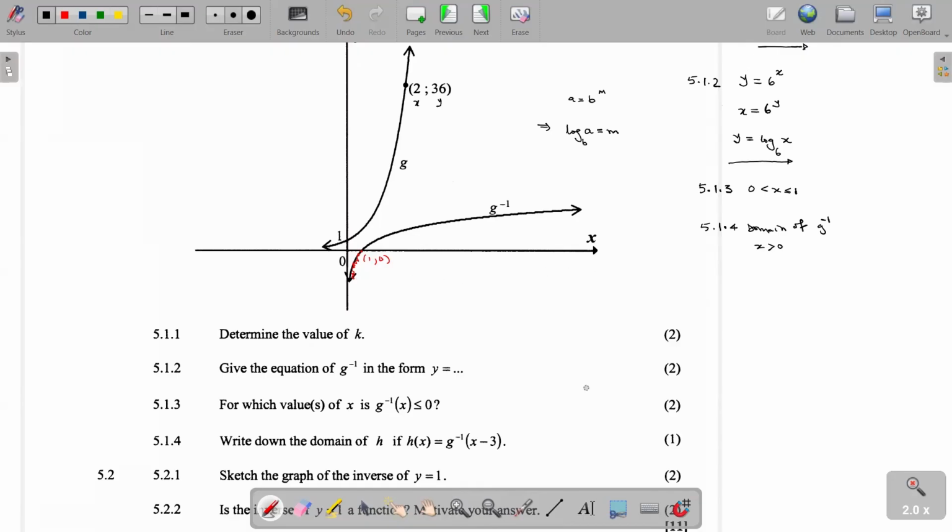But now the question wants the domain of h. If we check h, it shows a transformation: the inverse of that with x minus 3.